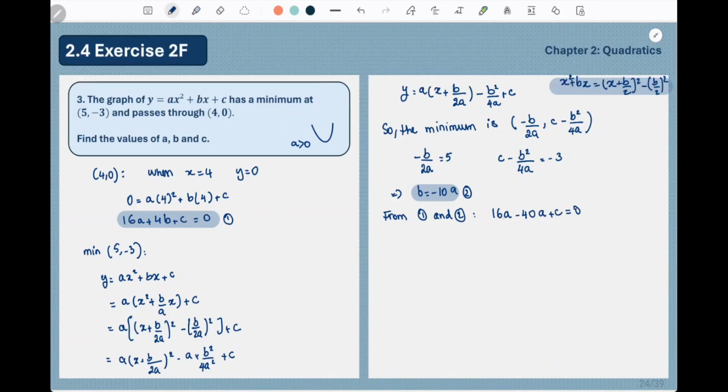So 16 minus 40 is minus 24, so minus 24a plus c equals 0. So c is 24a, right? Let's call this result 3.